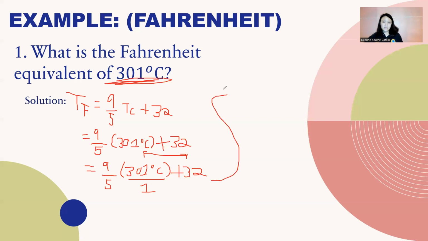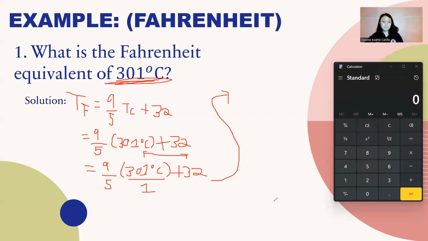Now the next step is we should use our built-in calculator again. 9 multiplied by 301. Wag muna natin tong galawin. 32. Wag muna natin galawin. At ito muna ang ating isosolve.